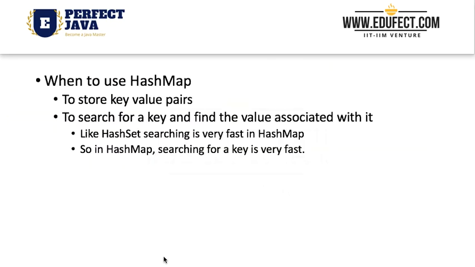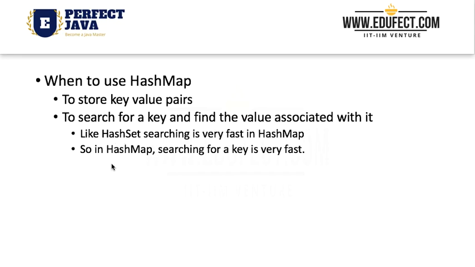So when do we use a hash map? We use a hash map to store key value pairs, as we talked about, and to search for a key and find the value associated with it. And like hash set, searching is very fast in hash map.